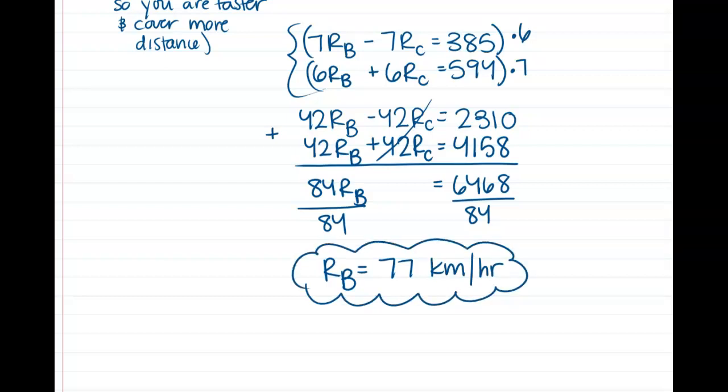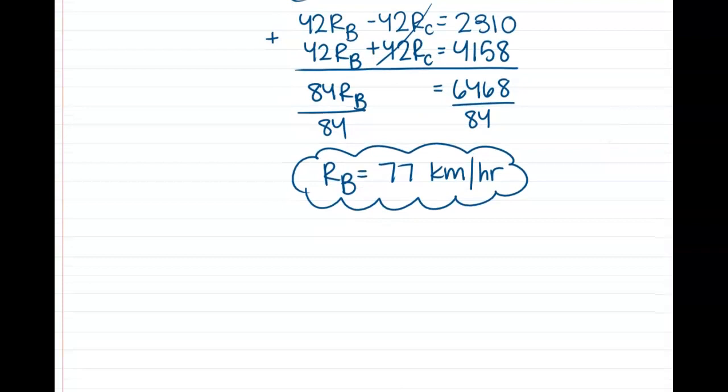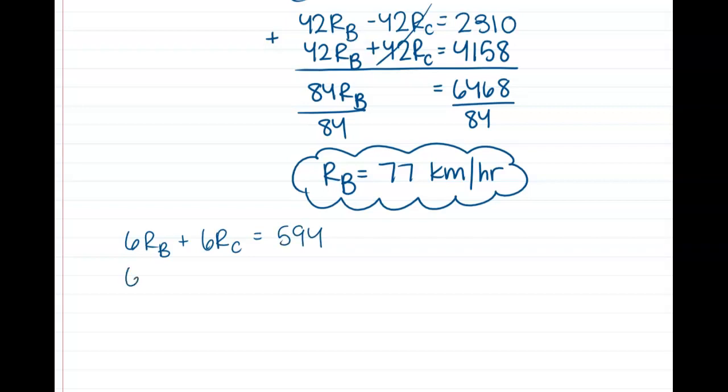And now we can use either of our initial equations to solve for the rate of the current. I'm going to use the bottom one just because. So I'm going to use 6 times the rate of the boat plus 6 times the rate of the current equals 594. And we know the rate of the boat is 77.